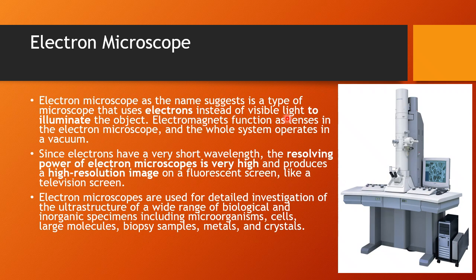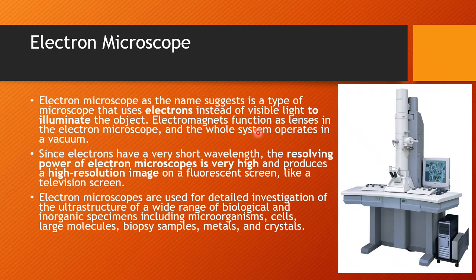Now, as we have studied, most of the other microscopes mainly use visible light to illuminate the object, right? Whereas here we use electrons to illuminate the object. Apart from that, this microscope uses electromagnets as lenses, whereas in other microscopes which we have studied, we used transparent lenses, because visible light had to pass through these lenses.